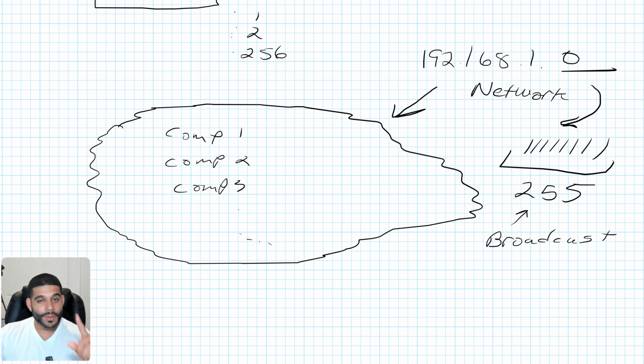Essentially, what the broadcast is in a nutshell: if I want to communicate with all the machines on the network at the same exact time, let's say I want to send a piece of information to computer 1, computer 2, computer 3, and maybe there are 100 computers, I can actually send a message to 192.168.1.255.